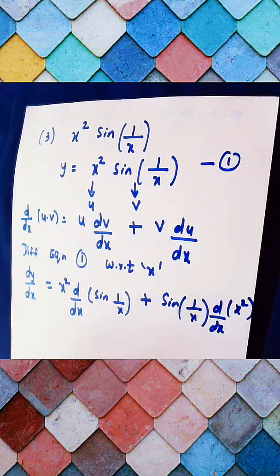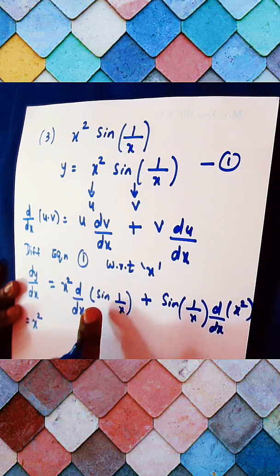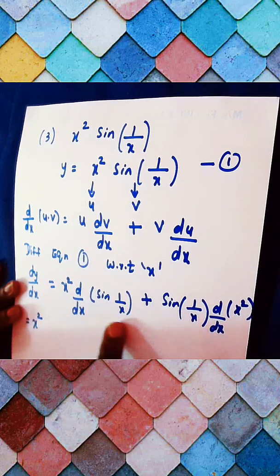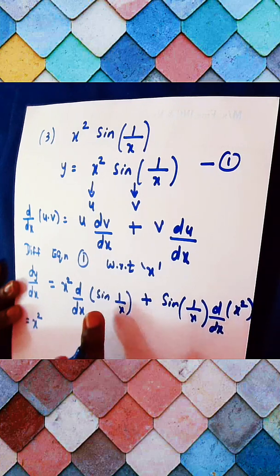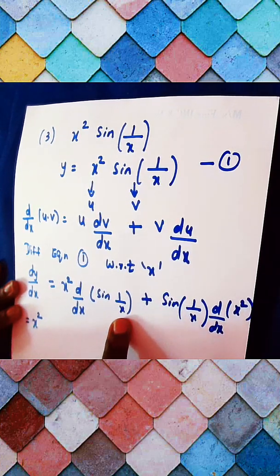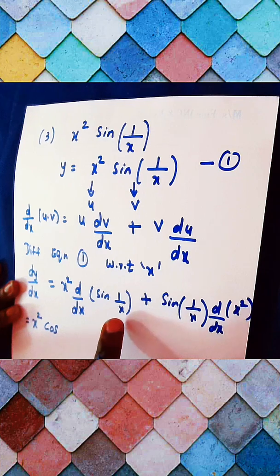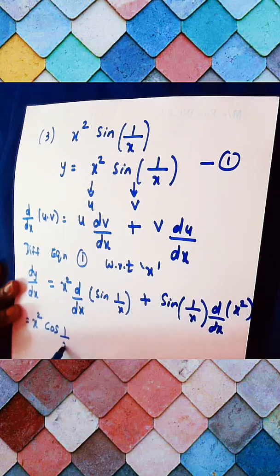Okay, students. Next step, which is equal to x square, keep it as it is. Now we have to differentiate sine 1 by x. Again, you have to know what form it is. It is of the form sine x. In place of x, what you have? 1 by x. What is the differentiation of sine x? Cos x. Very good. So in place of x, you have 1 by x. So the differentiation of sine 1 by x is cos 1 by x.